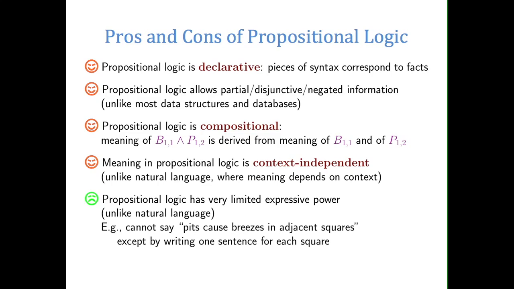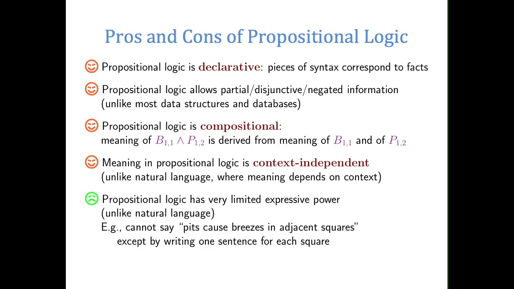That is, if you have a sentence like there's a breeze in square 1-1 and a pit in 1-2, the meaning of that is derived from the meaning of B11 and P12 through the AND operator. And fourth, meaning in propositional logic is context independent.